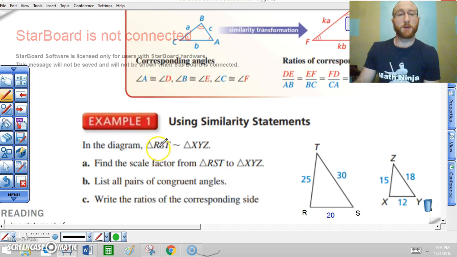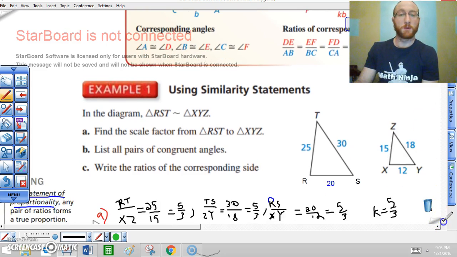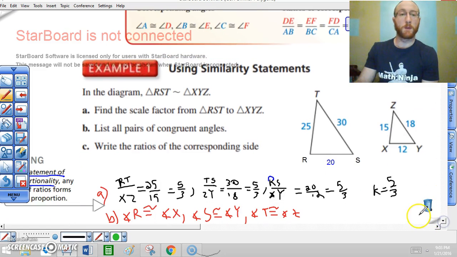In this diagram, triangle RST is similar to triangle XYZ. The first thing we're asked to do is find the scale factor from RST to XYZ. Since triangle RST is mentioned first, it goes in the numerator, and XYZ is second, so it goes in the denominator. We can say RT over XZ is 25 over 15, that reduces to 5/3.